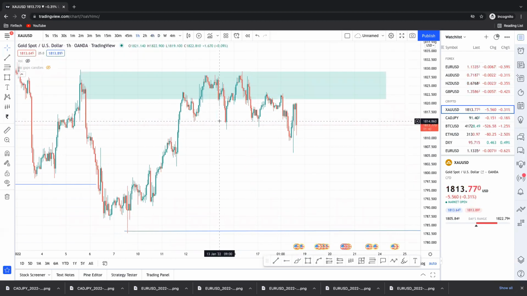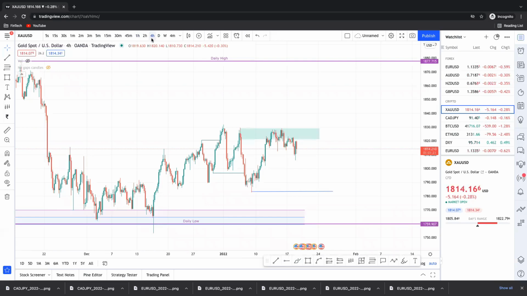This one was a 1 hour break of structure, and then again it broke. Oh no, it's not broken up, I think. So this one is a liquidity grab, and the break hasn't happened yet. It's in one of those spots.